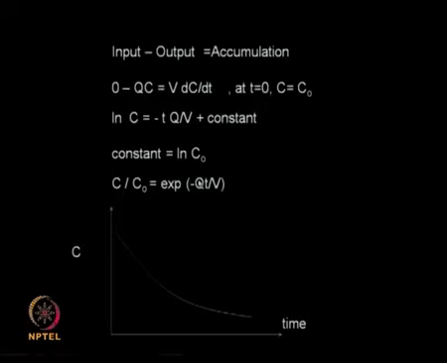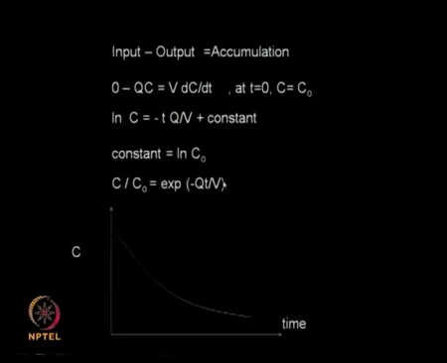V by Q is the residence time of the tank. So you see that C by C0 equal to exponent of minus t by residence time. So the residence time has a very important effect on the way this particular concentration keeps falling as a function of time.